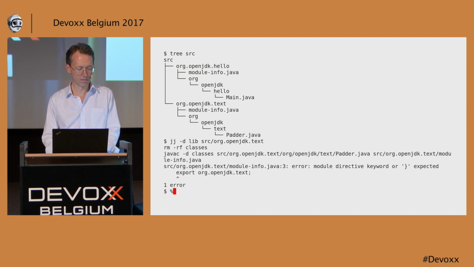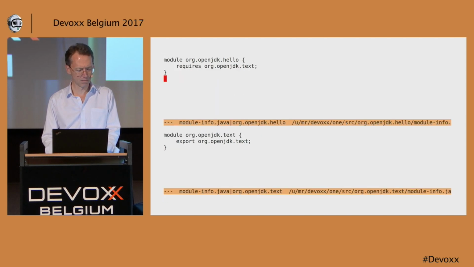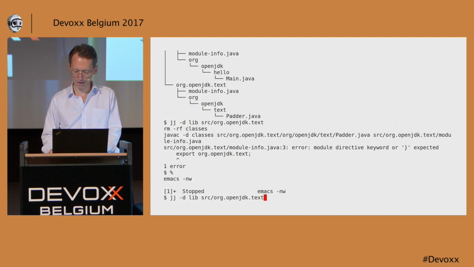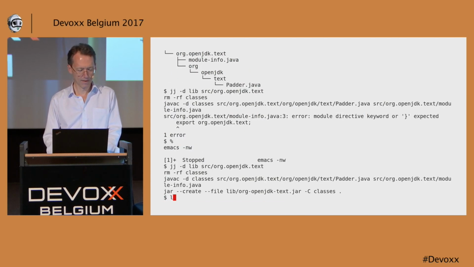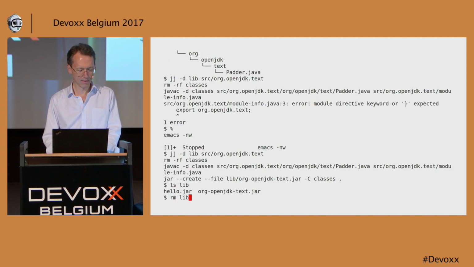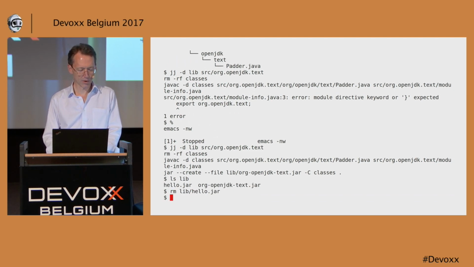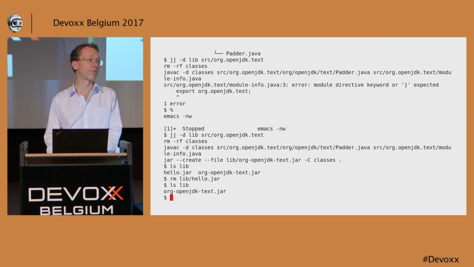Oh dear, you'd think I could type that by now. After all these years. Maybe if I had a proper IDE. Okay. I'm going to just remove that old one. So we've got our modular jar file for the text module.